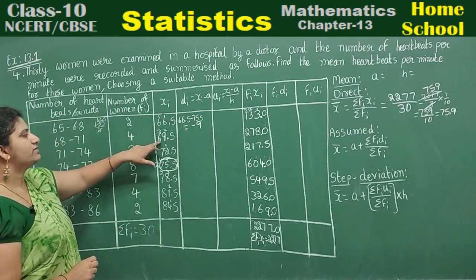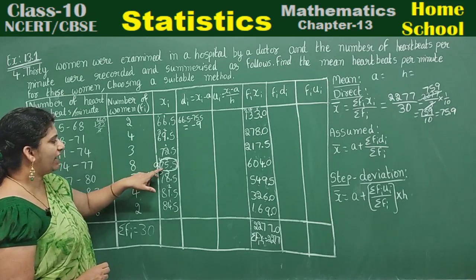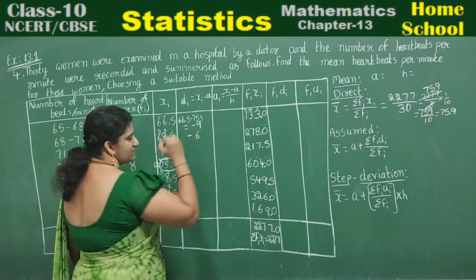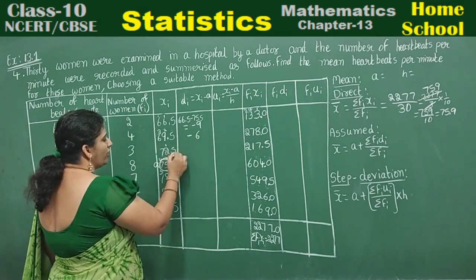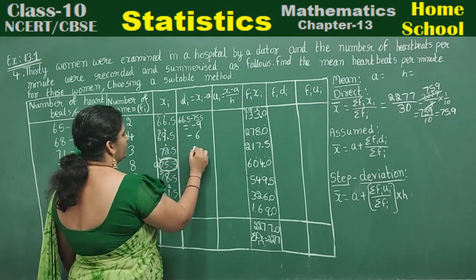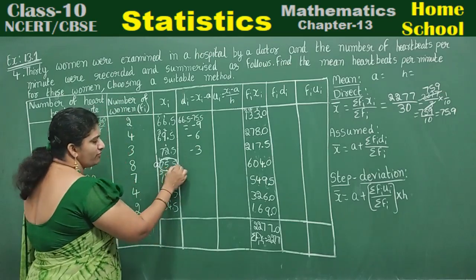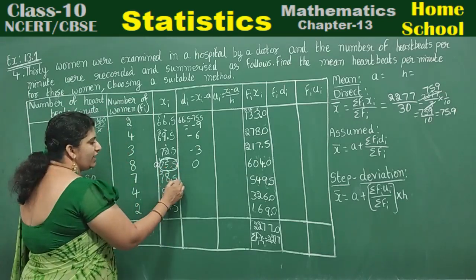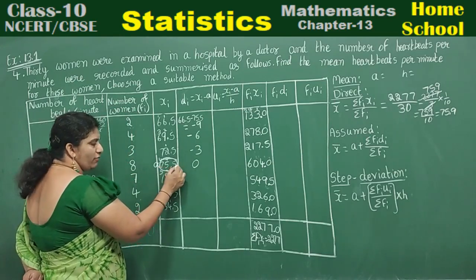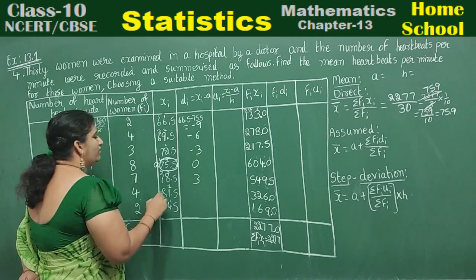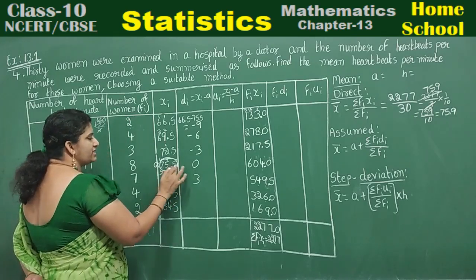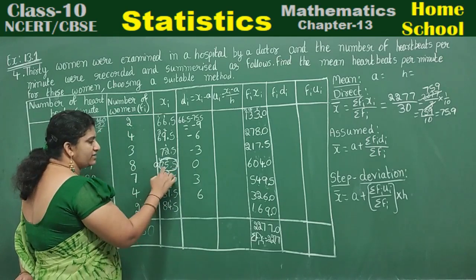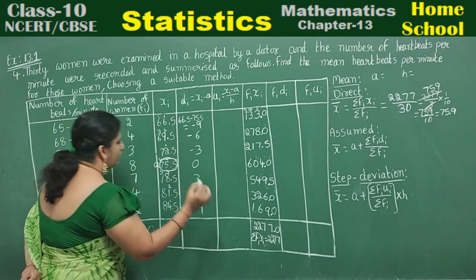Then again 69.5 minus 75.5 will be minus 6. 72.5 minus 75.5, minus 3. 75.5 minus 75.5, 0. 78.5 minus 75.5, 3. 81.5 minus 75.5 will be 6. 84.5 minus 75.5 will be 9.